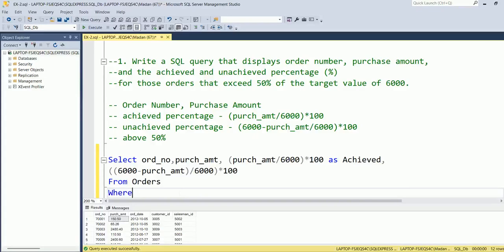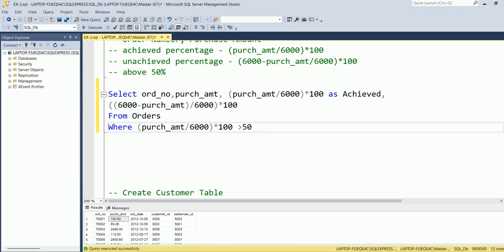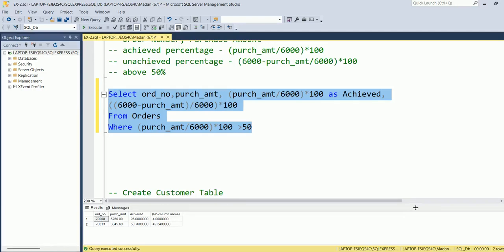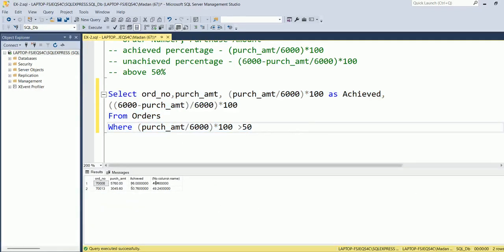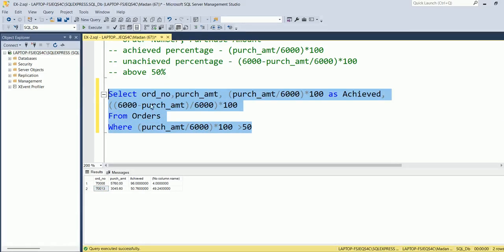Now we have to add the where filter, where we want the orders that exceed 50% of the target value. As we are calculating in percent, that is simple. This is nothing but the where clause. Let's execute. You can see there are only two orders that satisfy the given condition.